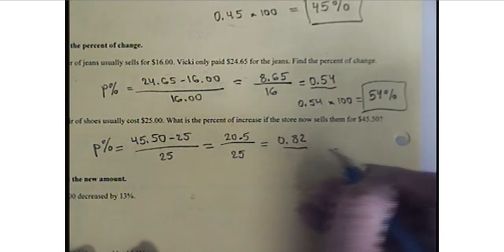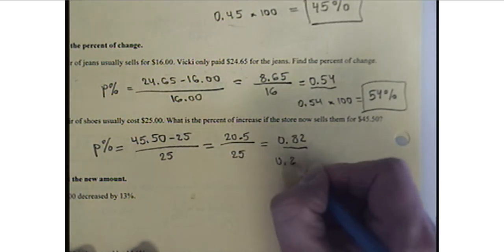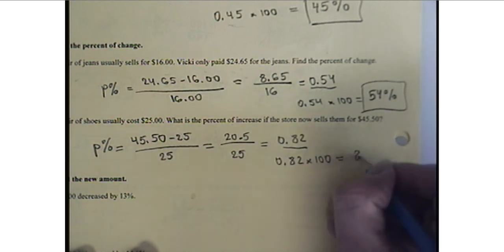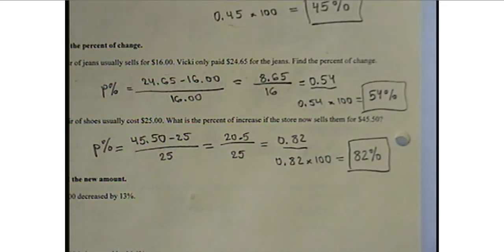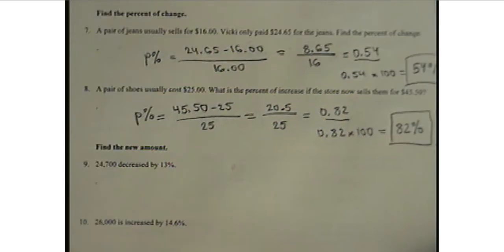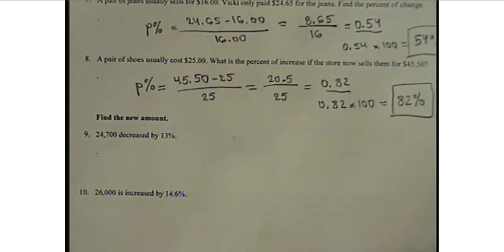So 0.82 times 100 gives us an 82% increase of the price. This is a huge increase of the price. It's like maybe it takes years to get there, but this is by how many percent this amount increased for that particular example. Okay, two more.